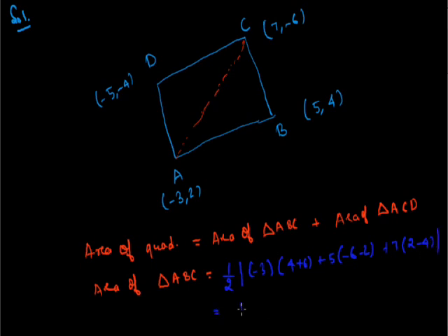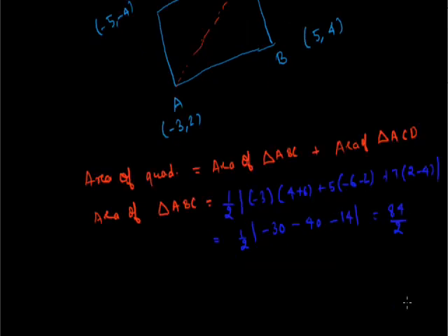So this is equal to half of minus 30 minus 40 minus 14, so 84 by 2 equal to 42 square unit. So this is the area of triangle ABC.